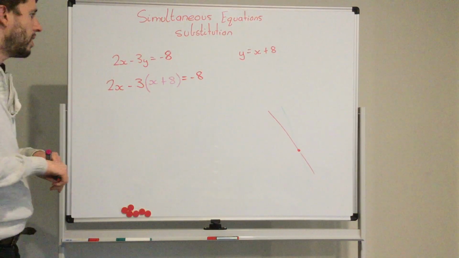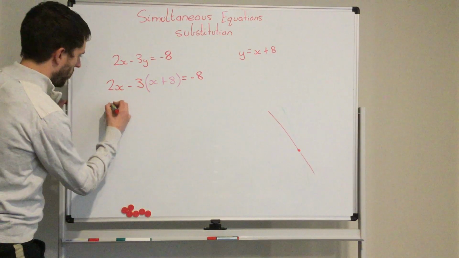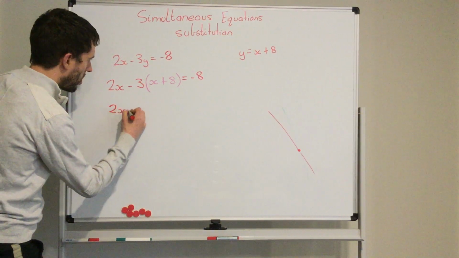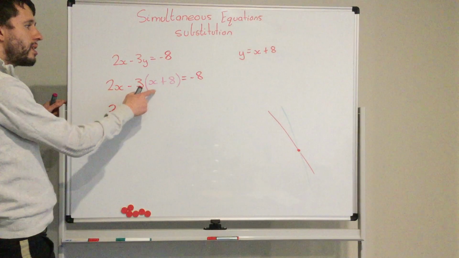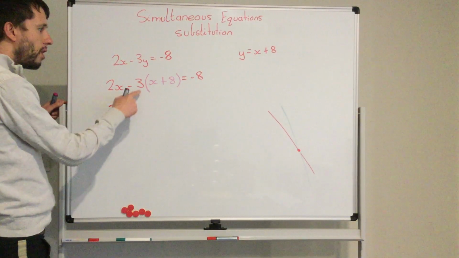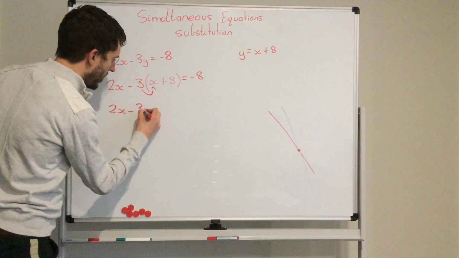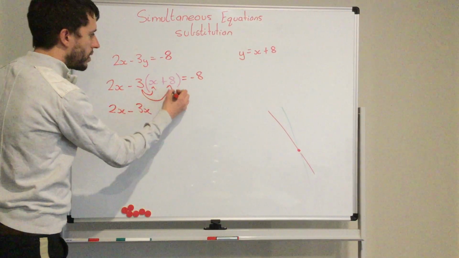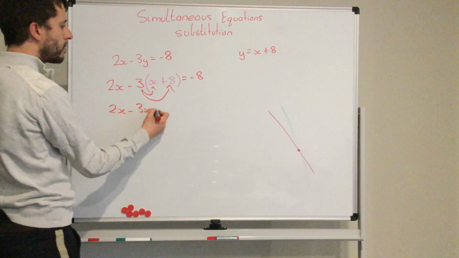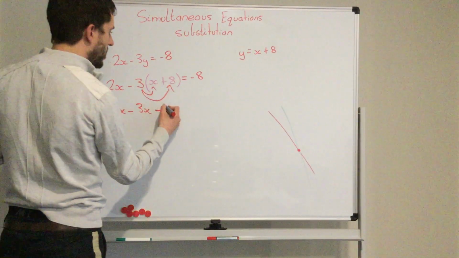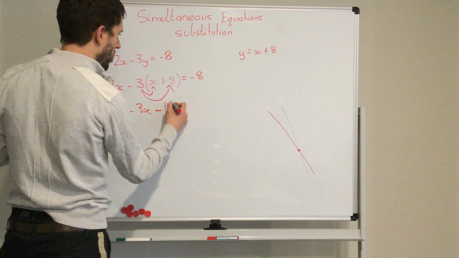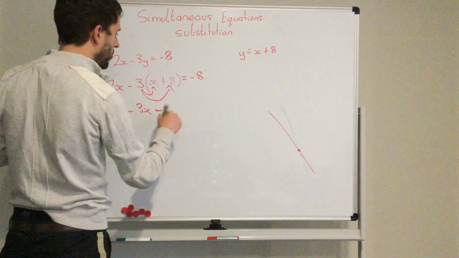Let's keep on going. So we can expand this now. 2x, remember negative 3 times a positive is negative. 3 times x is 3x. And this 3 must times with 8. Negative and positive equals a negative. 3 times 8 equals, no, 8, 16, 24.